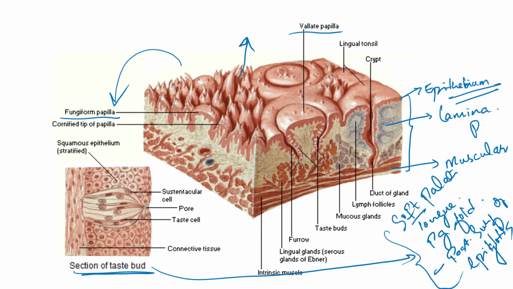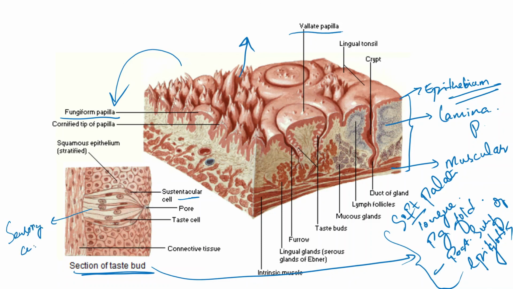When we talk about the structure of the taste bud, these taste buds are made up of two types of cells. One is the supporting cell, also called the sustentacular cell, and the second is the sensory cell. The inner portion of the bud contains the sensory cells, which carry the sensory nerve endings.